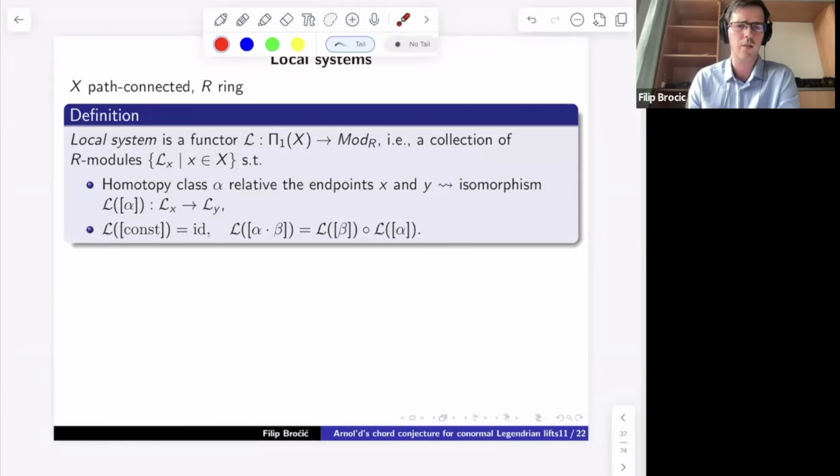Given a path-connected topological space X and a ring R, a local system is a functor from the fundamental groupoid of X to the category of R-modules.